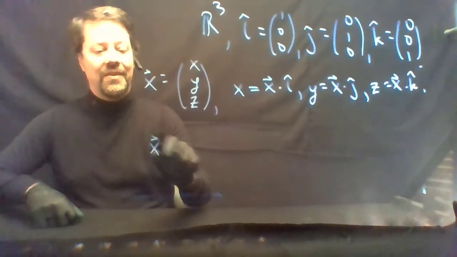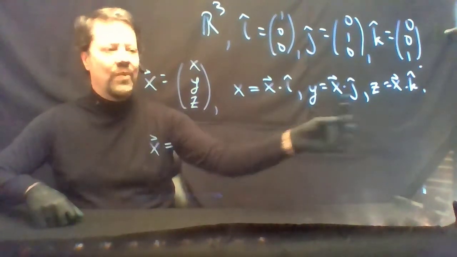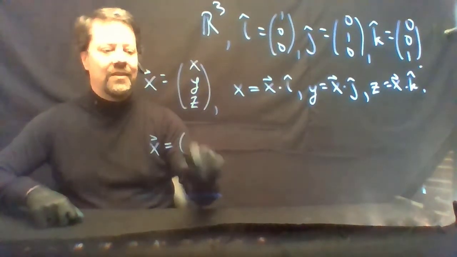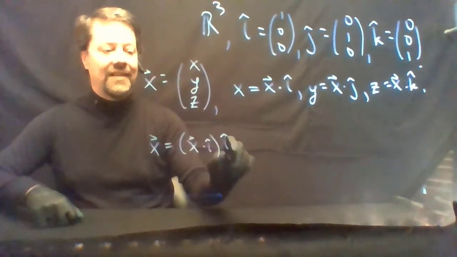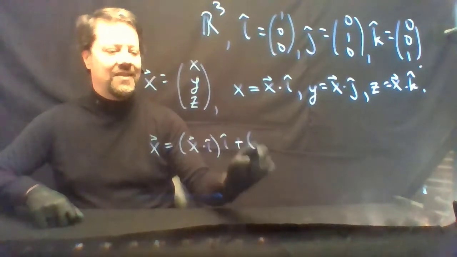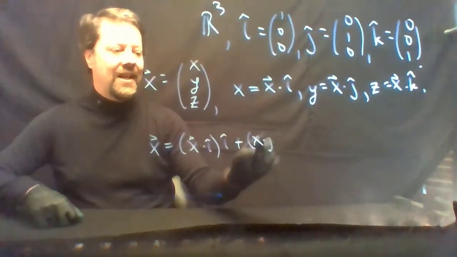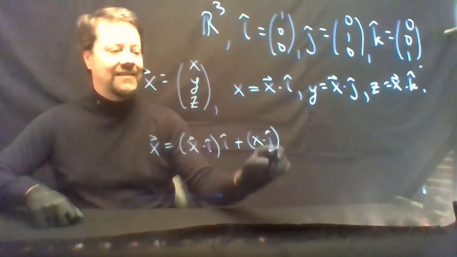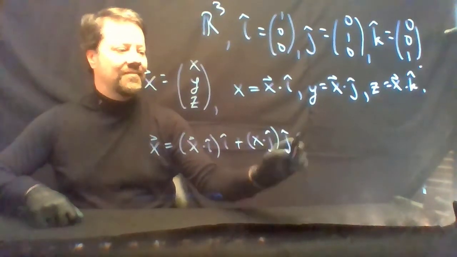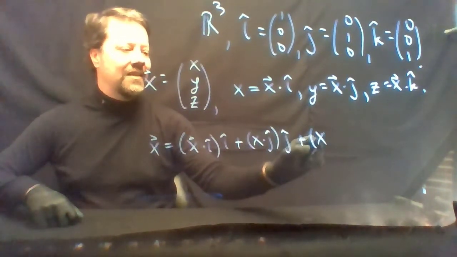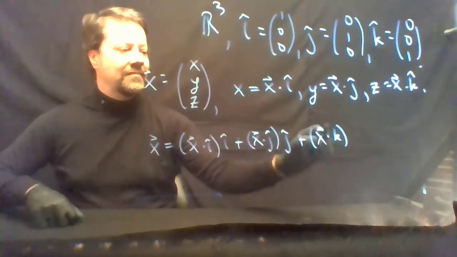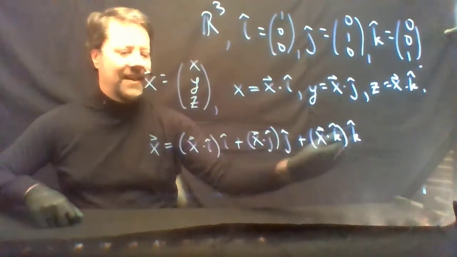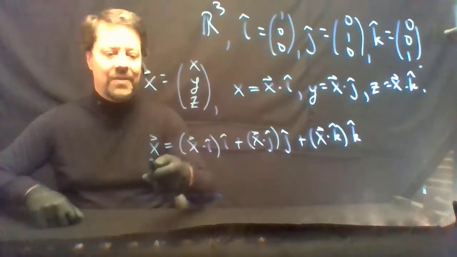Notice also that we can rewrite this as follows. We can take the vector dot i times i, plus the vector dot j times j, plus the vector dot k times k to reconstruct the original vector.